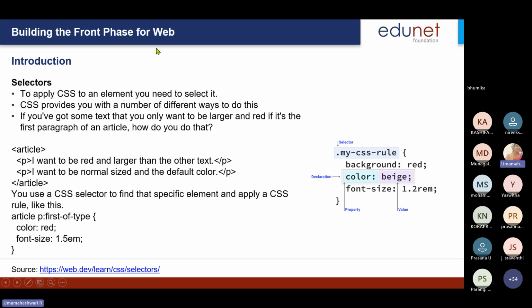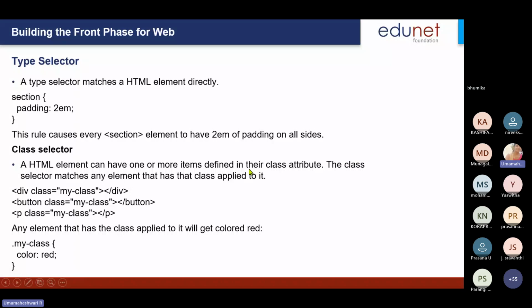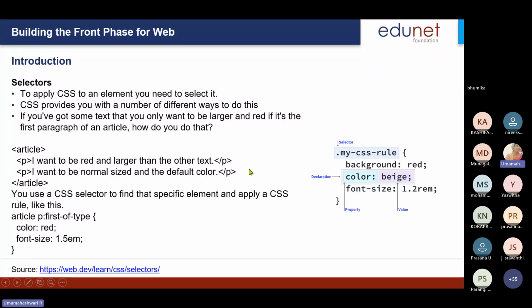Selector: to apply the CSS to an element, you need to select it. CSS provides you with a number of different ways to do this. If you have some text that you only want to be larger and red, if it is the first paragraph in an article, how do you do that? This is the only one I want to make large and red.